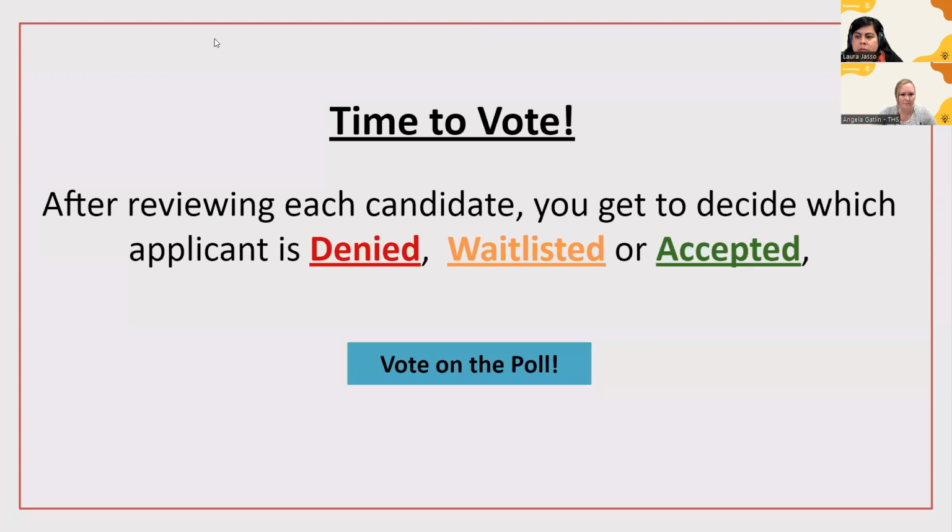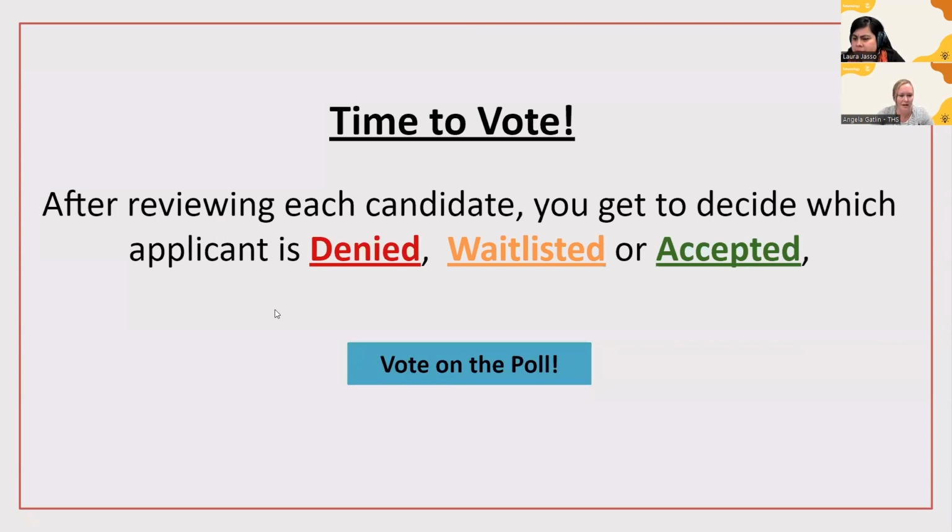Who would you deny is the first question. Which candidate would you waitlist? And the third one is who would you accept to LWU? Okay. Looking very interesting here. Okay, well, let's keep going.